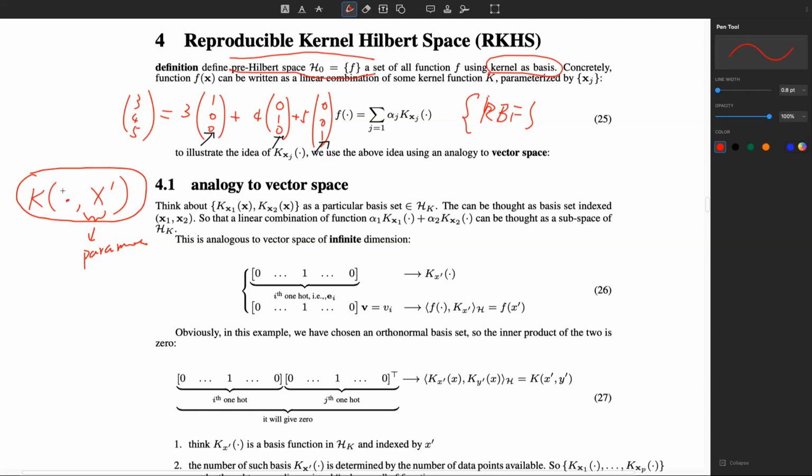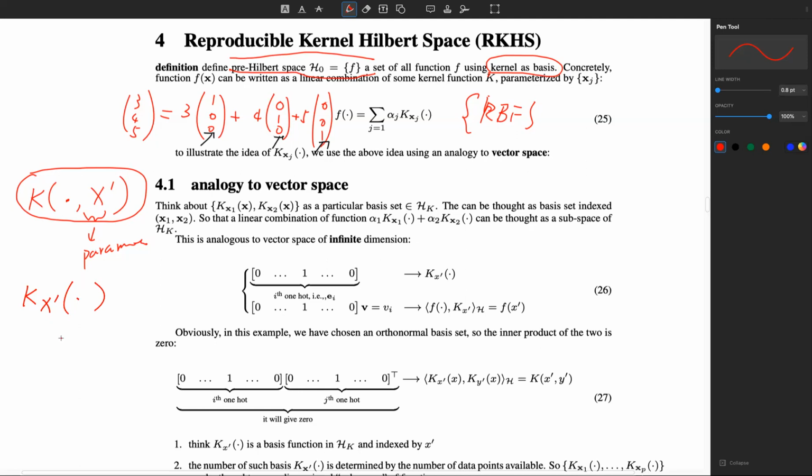And by the way, it's symmetrical. So I can also put X prime in here, and put a dot in there. And another way, when I try to make it look more like a function, I'm going to say K with X prime being the parameter. And the variable, who cares? So I'm just going to write a dot in here. Are you okay with this notation?